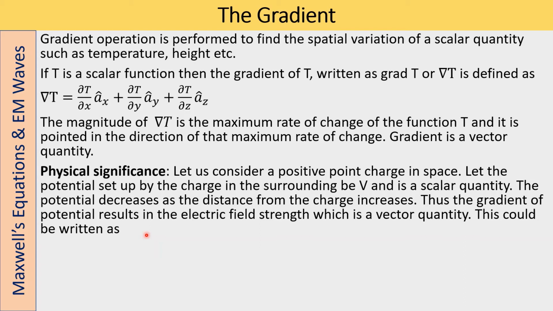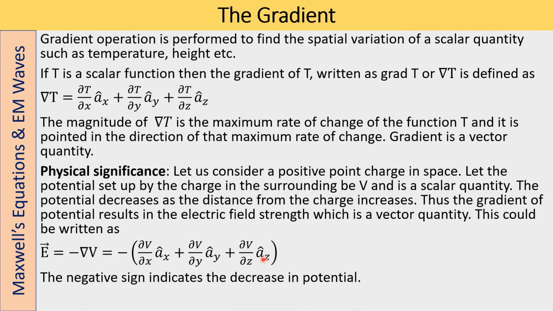So the electric field strength E is equal to minus grad V, that is, minus del V by del x into ax hat plus del V by del y into ay hat plus del V by del z into az hat. The negative sign indicates a decrease in the potential.